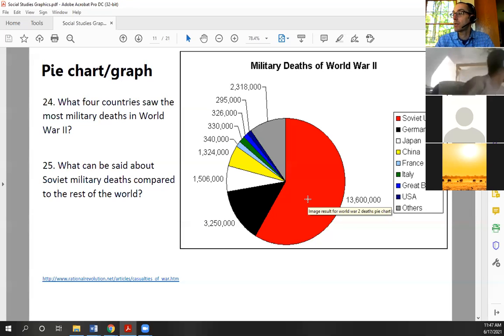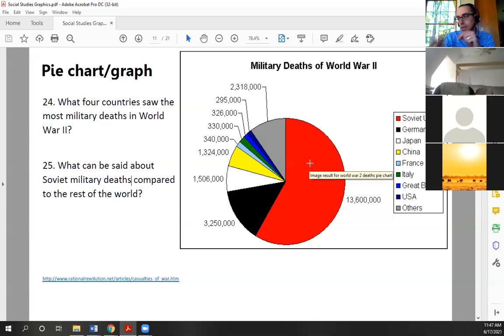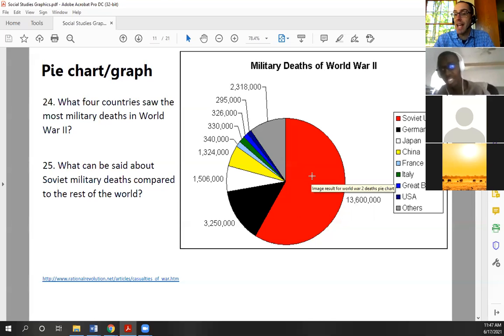Right, you would say more people died in the Soviet Union than the rest of the world combined. That's easy for us to figure out. If it was just a small sliver, it would be tough to compare. But this is red, clearly more than half the people that died in World War II were from the Soviet Union.